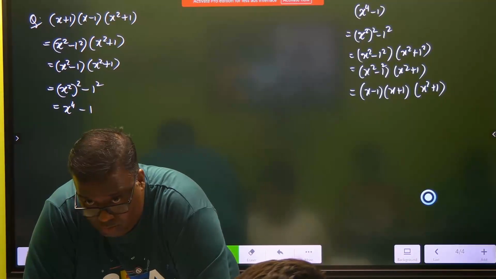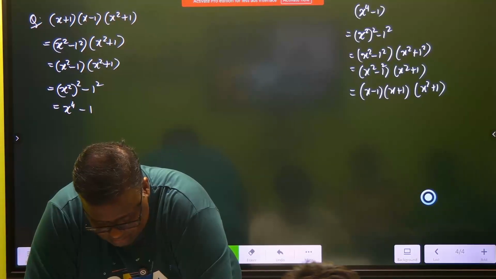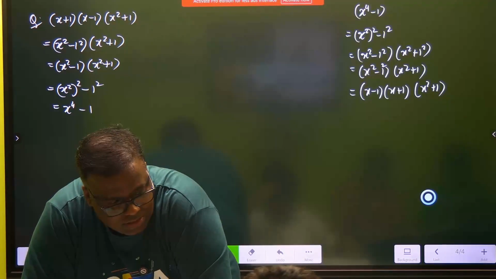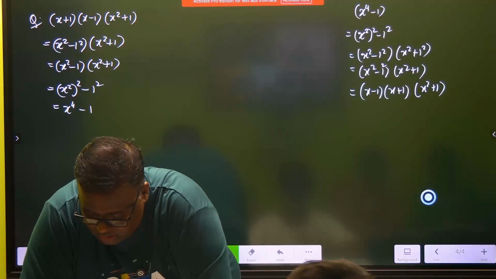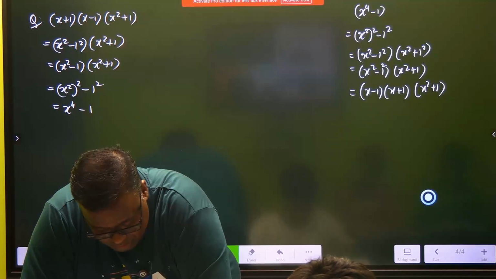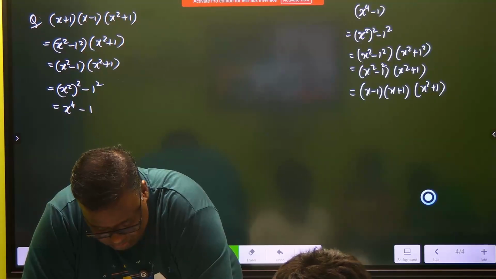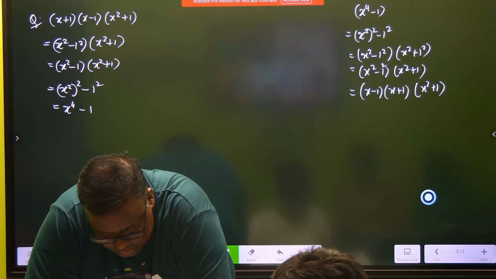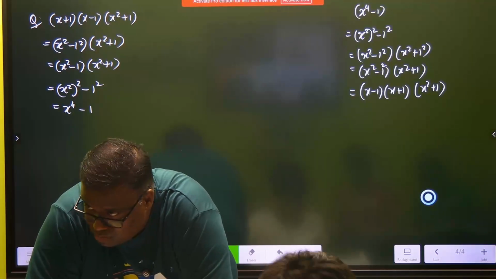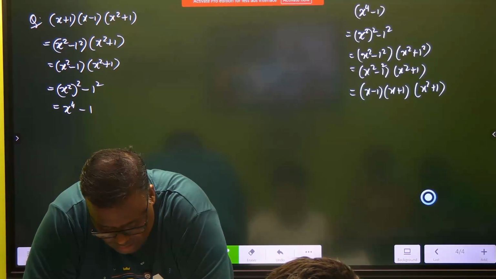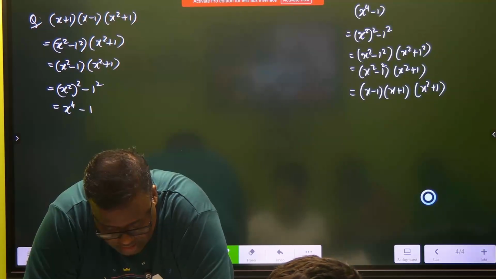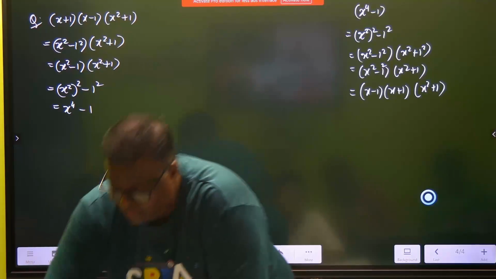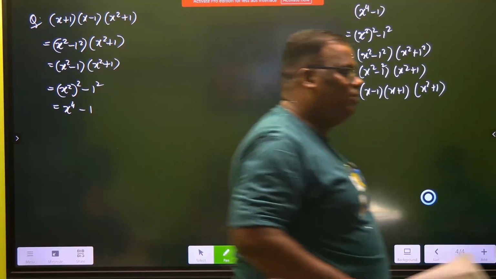Have you opened 6.34? Just look at problems 7 and 8. You see, they are the same problems that we did today. Open the exercise after the identities. So 6.4 is your homework, do it slowly. In the entire 6.4 I expect you to finish at least up to problem number 8 minimum, and problems 8, 10, 11. You can skip problem 9 for now. If you do it, I don't mind, but I want at least the first 8 questions and 10 and 11 to be done, and if you do more than that I don't mind. If you don't do them, you know very well, you can sleep Saturday for a later long sleep.